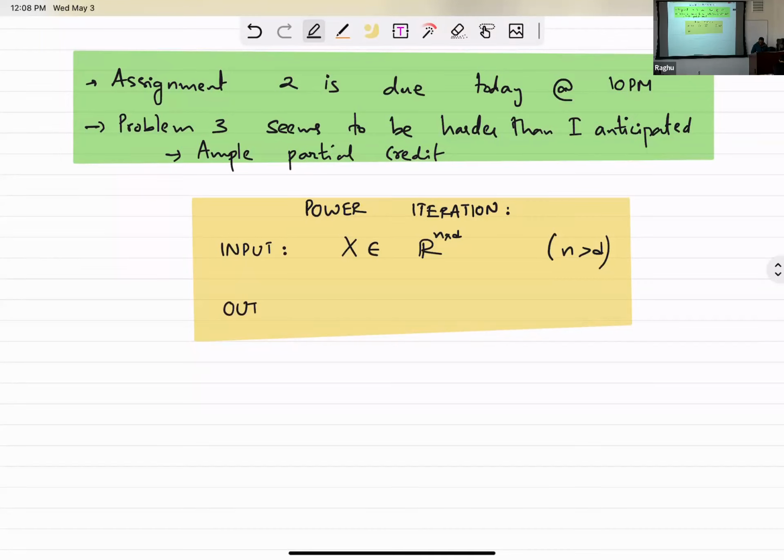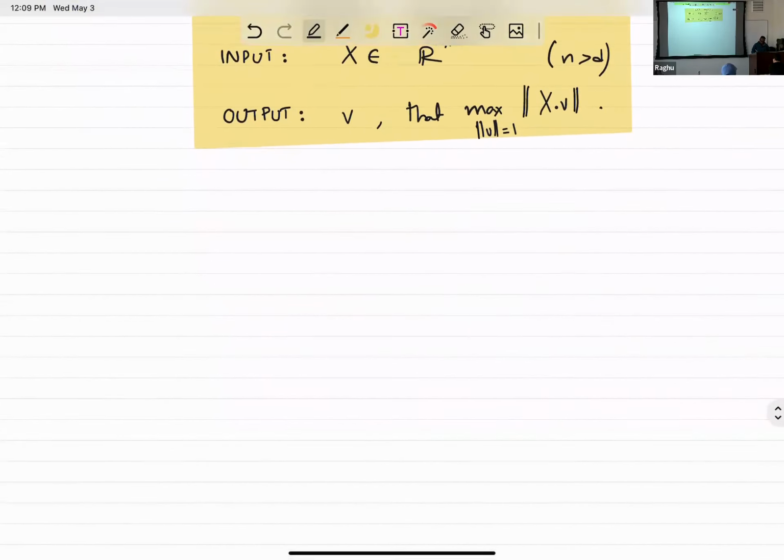And what is our goal? Our goal is to compute a vector v, right? The first right singular vector, the first principal component, or vector v that maximizes the norm of X times v subject to the norm of v being 1. Okay, this is what we want to do, and we'll say, okay, we'll get close to it. And we're not going to say you'll exactly solve it, but we'll get close to it.